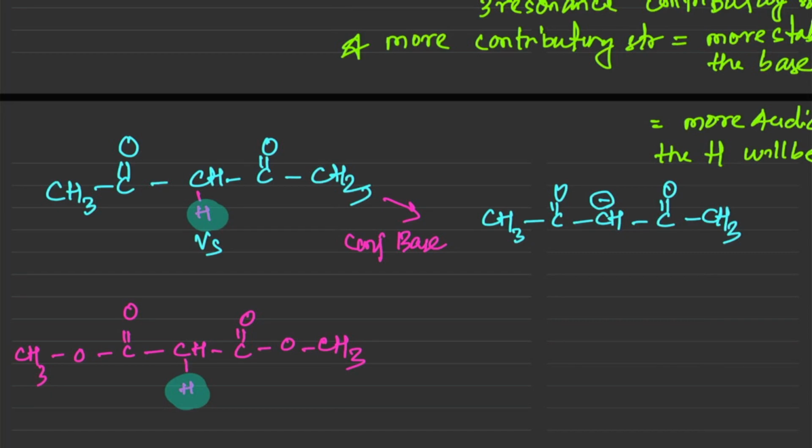So we have two choices. How about on the bottom here? The corresponding conjugate base would be CH3, oh, I forgot that it's an ester, CH3OCO CH(minus) COOCH3. This negative charge can also be delocalized with the carbonyl, but here's the problem.